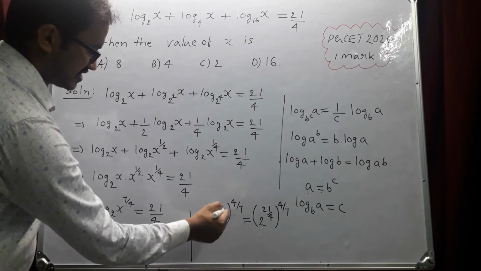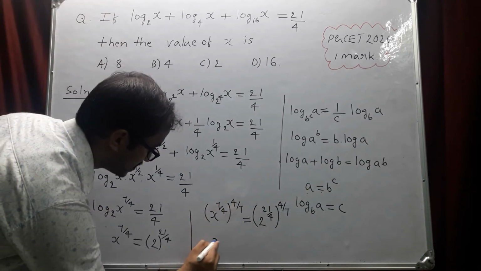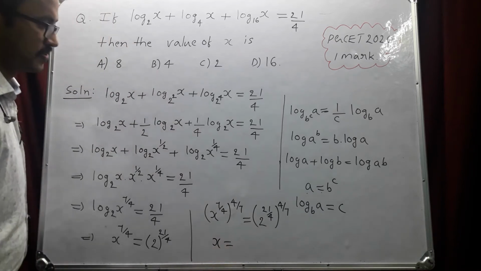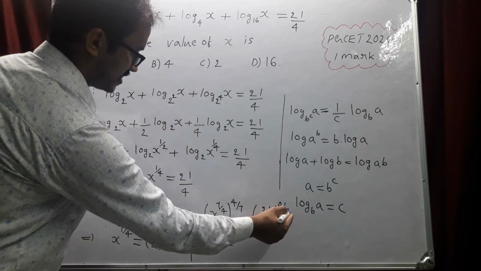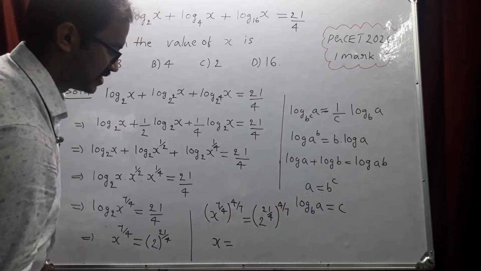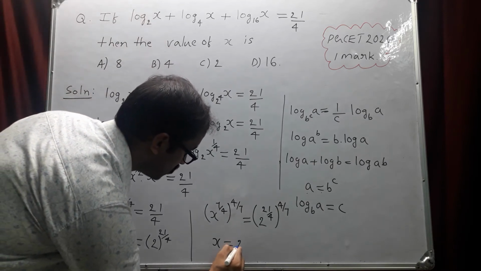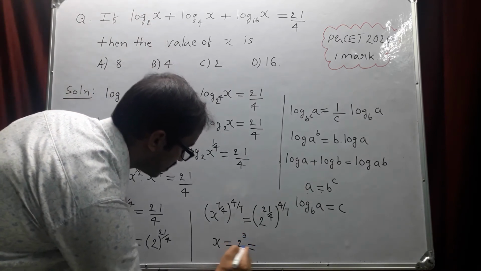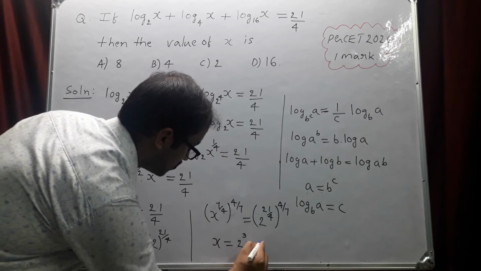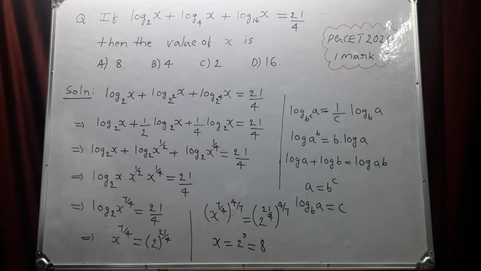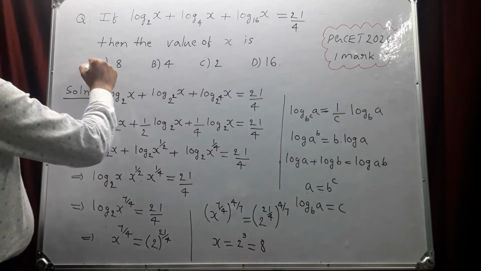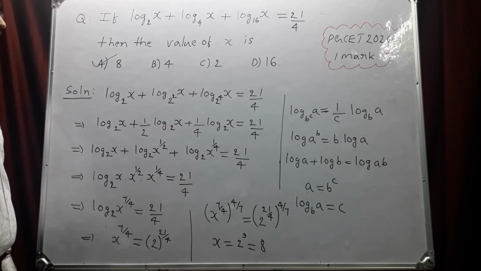So here 7, 7, 4 will get cancelled, that is x is equals to, here 4 will get cancelled, 7 ones are 7, 3s are 3. So 2 cube. So x is equals to 2 cube. 2 cube value is 8. So the correct option is first option, that is 8.